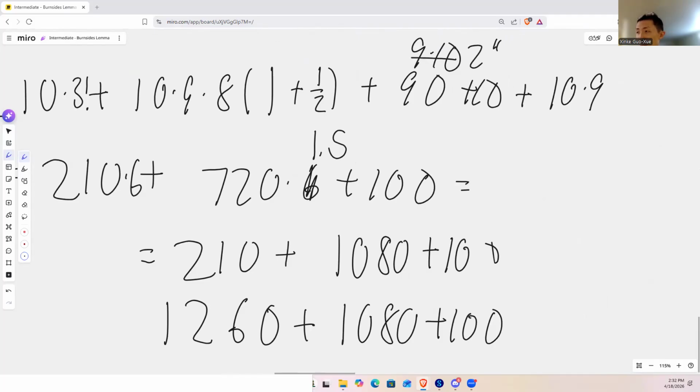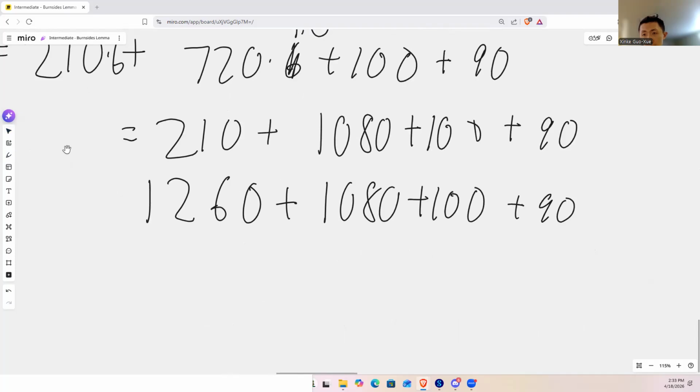It's 2 times 2. Yeah, we should leave the computation till the end.